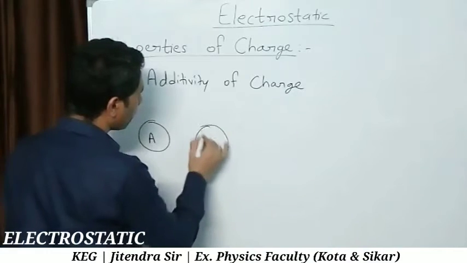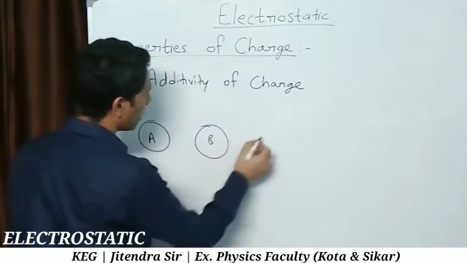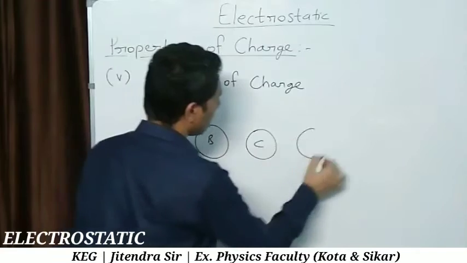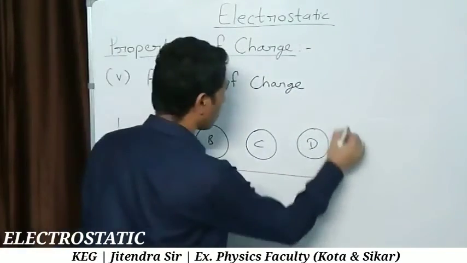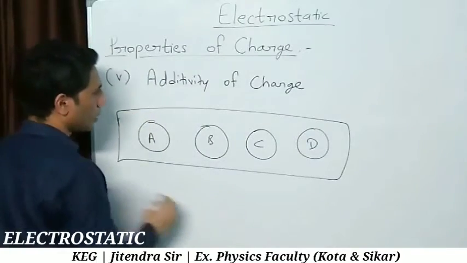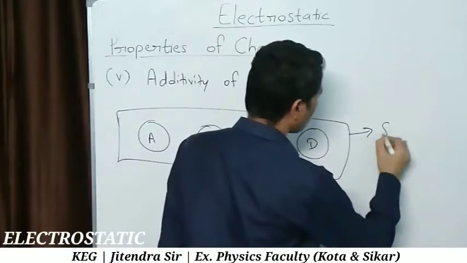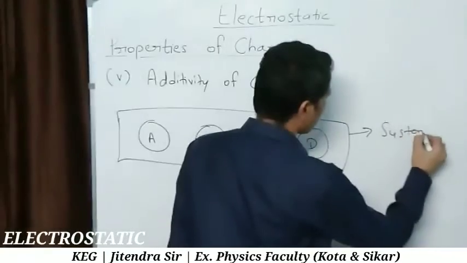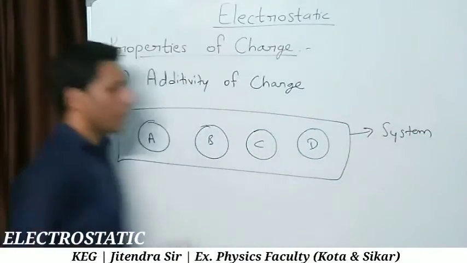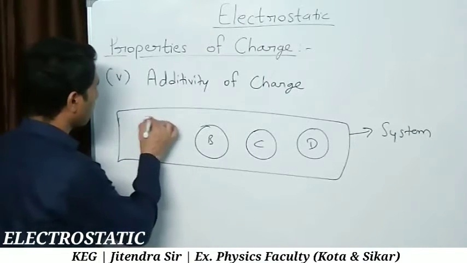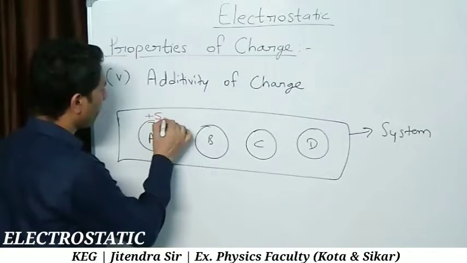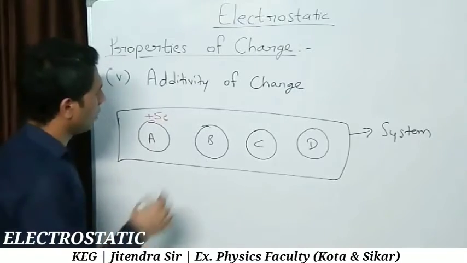there are many objects, object A, object B, object C and object D. Suppose this is the system. And in this system, on the body A, the charge is plus 5E.